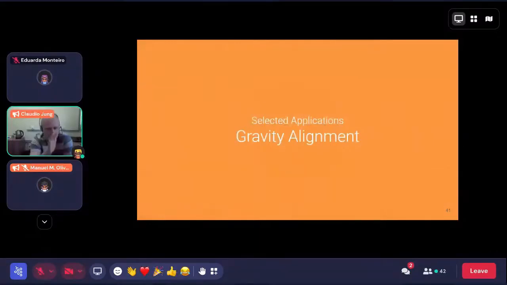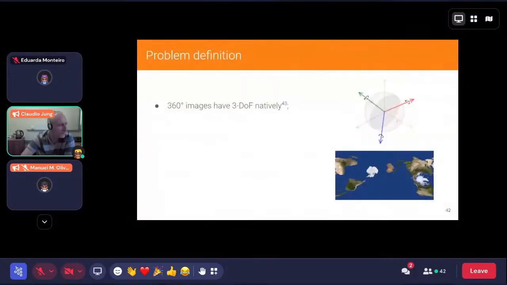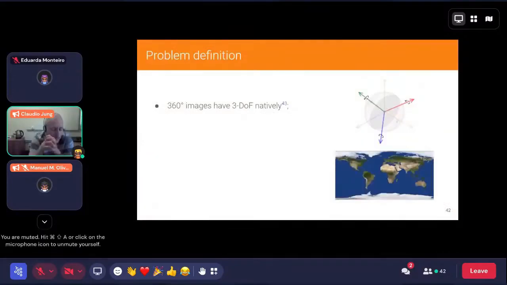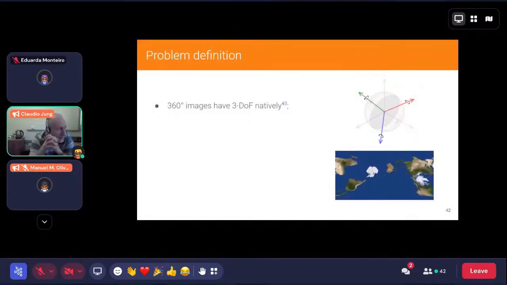The input, which usually we do not have control over. I mean, you get the image. I don't know which kind of camera was used to capture it, but you have control on the representation and, of course, on the technique itself. So basically, as Thiago mentioned, a 360 image basically is a projection of the scene onto the sphere.